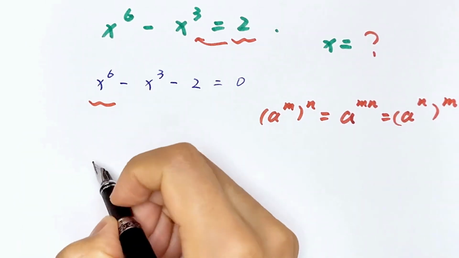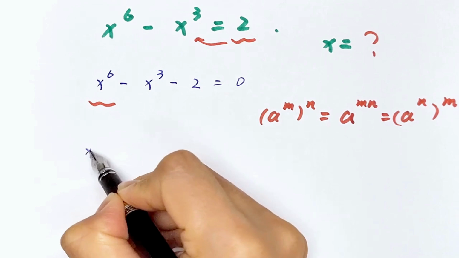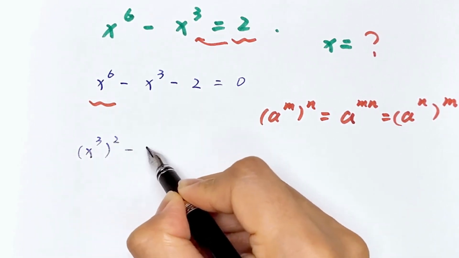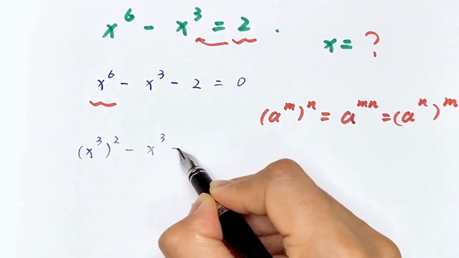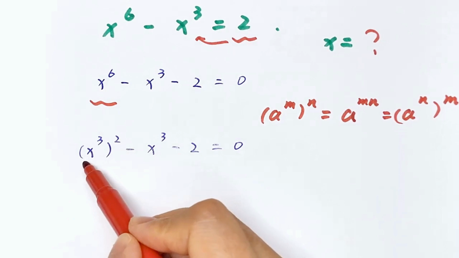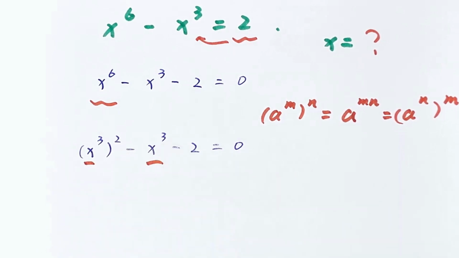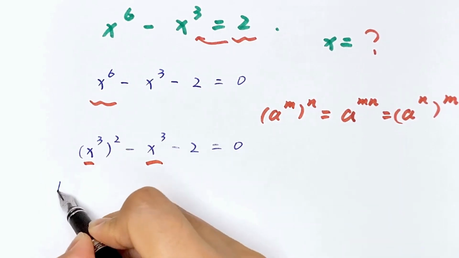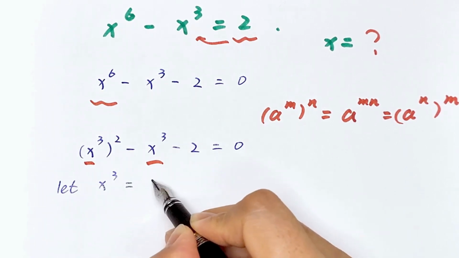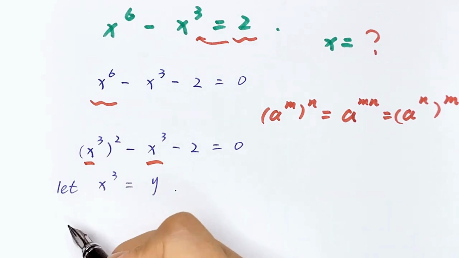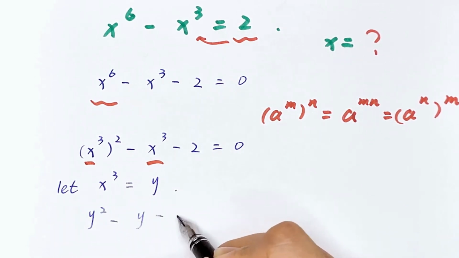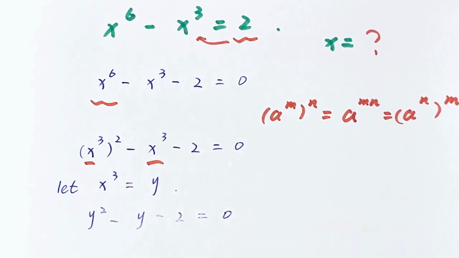So it will be x cubed bracket squared minus x cubed minus 2 is equal to 0. Now in here, x cubed is common, so we let x cubed equal y. So it will be y squared minus y minus 2 is equal to 0.